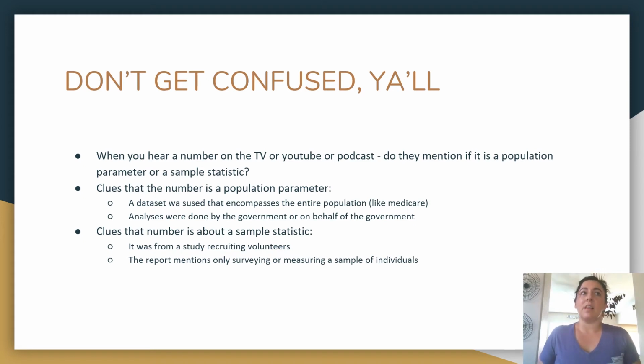For example, on the news, when they try to collect information, they want to poll people and see who they want to vote for, so we can see who's in the lead whenever we have campaigns going on and upcoming elections. They're not going to go after every single individual in the United States and ask them who they want to vote for.